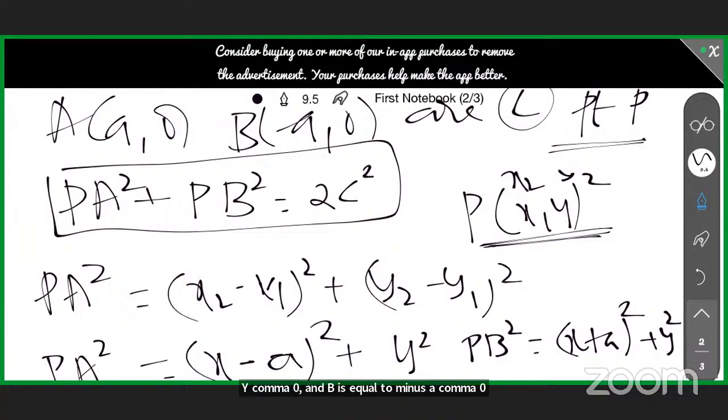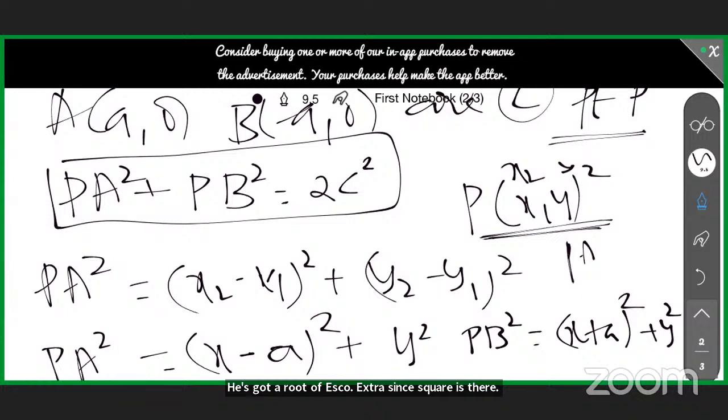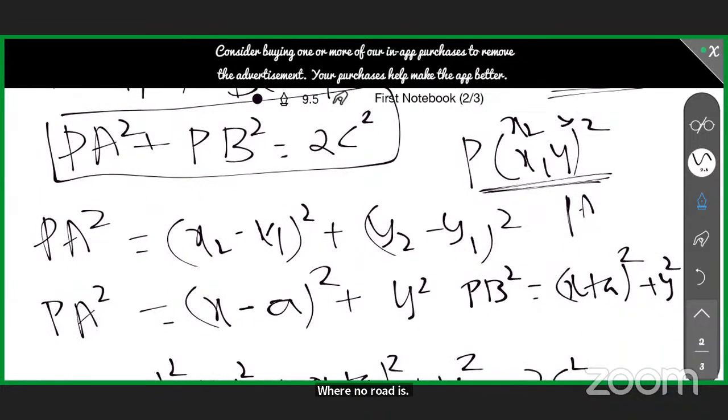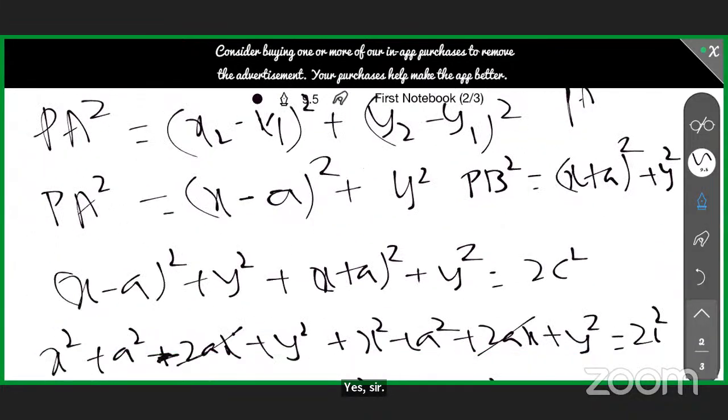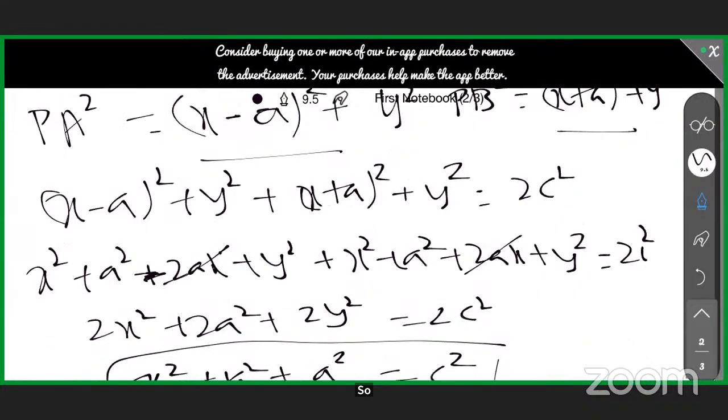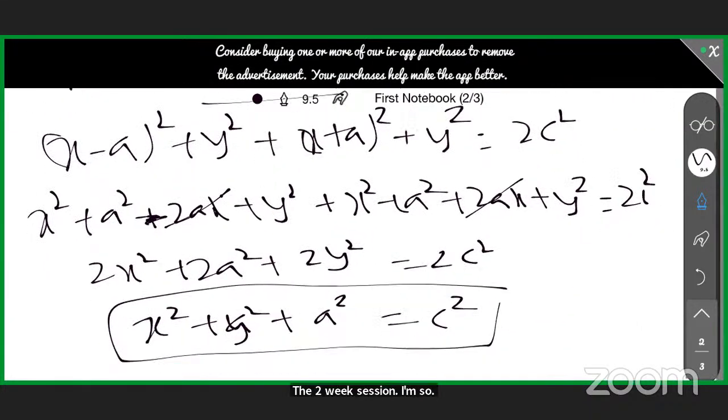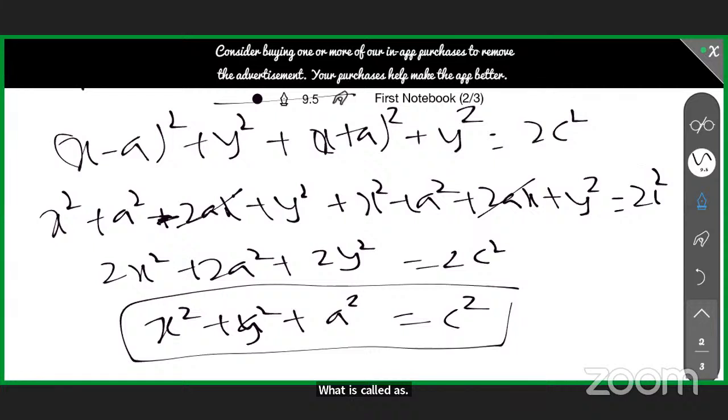Therefore, with the distance formula we know PA square is (x2 minus x1) whole square plus (y2 minus y1) whole square; since it is squared, no root is there. By the distance formula I get these two equations, then I expand and simplify them and get this equation. Do you understand? Yes, sir, understood.